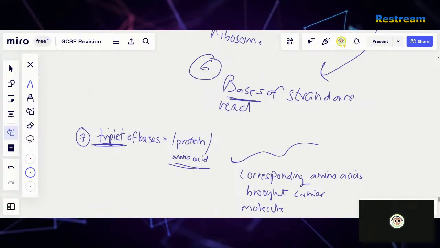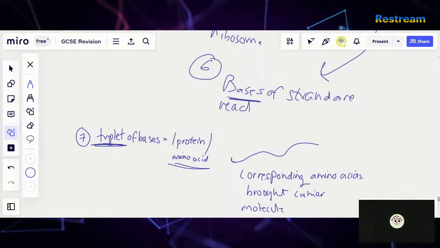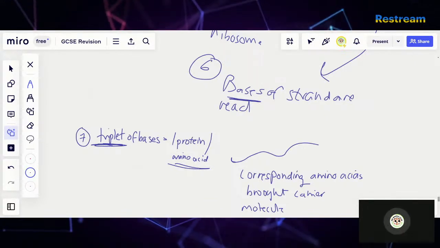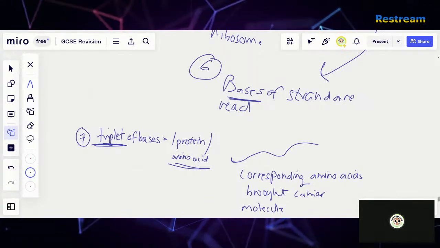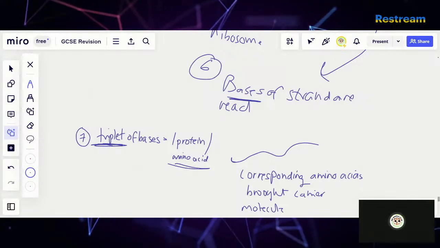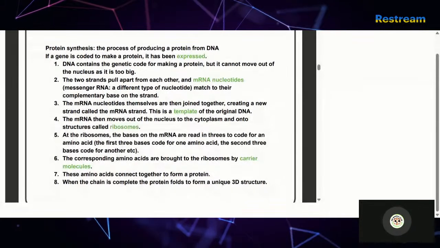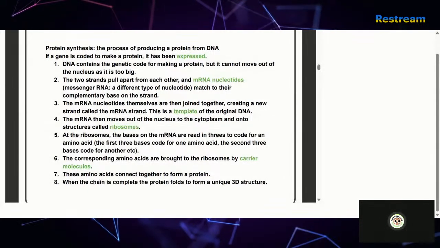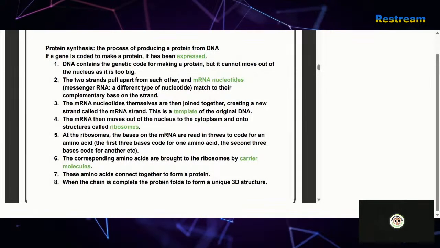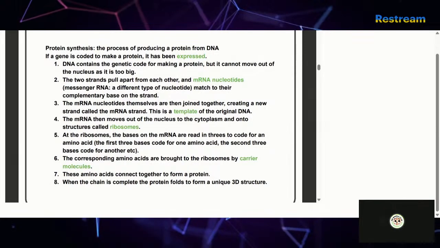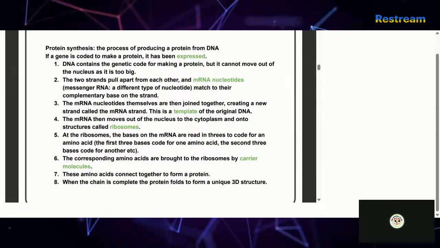Okay, now proteins have loads of different functions. So that's enough of protein synthesis. Let's move on to how proteins have the different functions. There's different ones, and you've definitely heard of them before, so it's great you don't have to relearn any content.